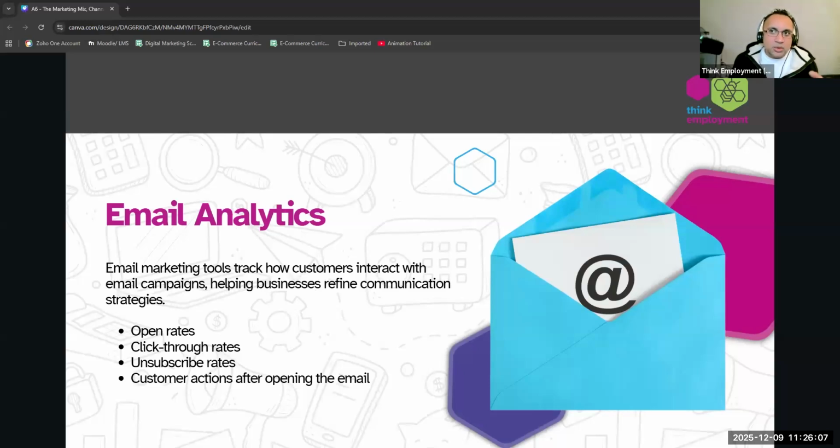Now we've got videos within emails, all sorts of media integrated within emails, but it's still one of the most solid forms of communication, because we can almost say everybody's got an email address, right? Whether you give it to somebody or not, that's up to you. But most people have an email address, and keeping a list of emails is a good thing, because you can communicate with those people.